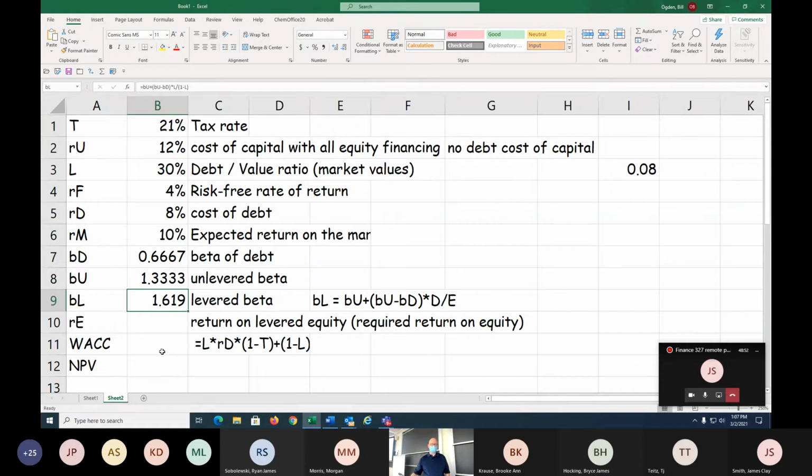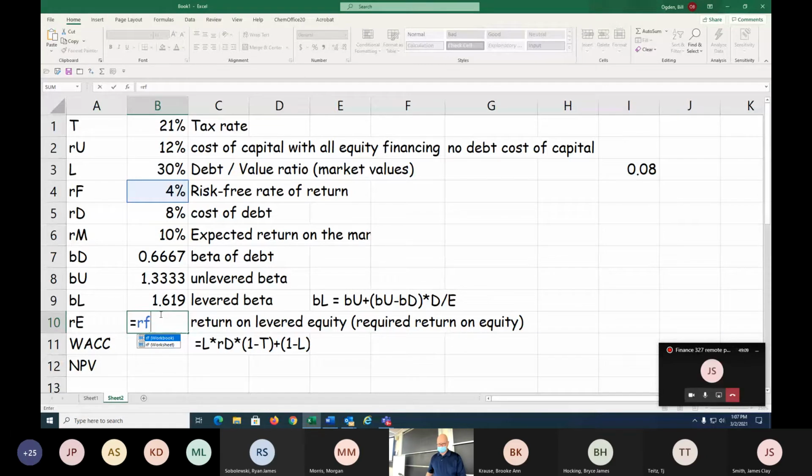All right, I'll do it. So, capital asset pricing model equals risk-free. Oh, let's not cap that one. Risk-free plus the market risk premium times the levered beta.